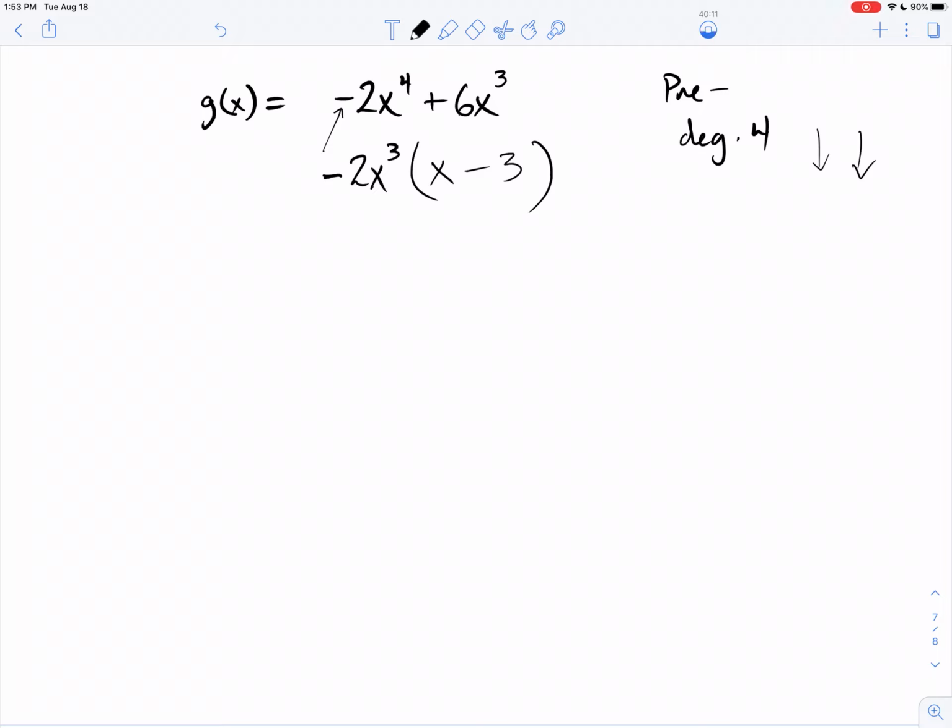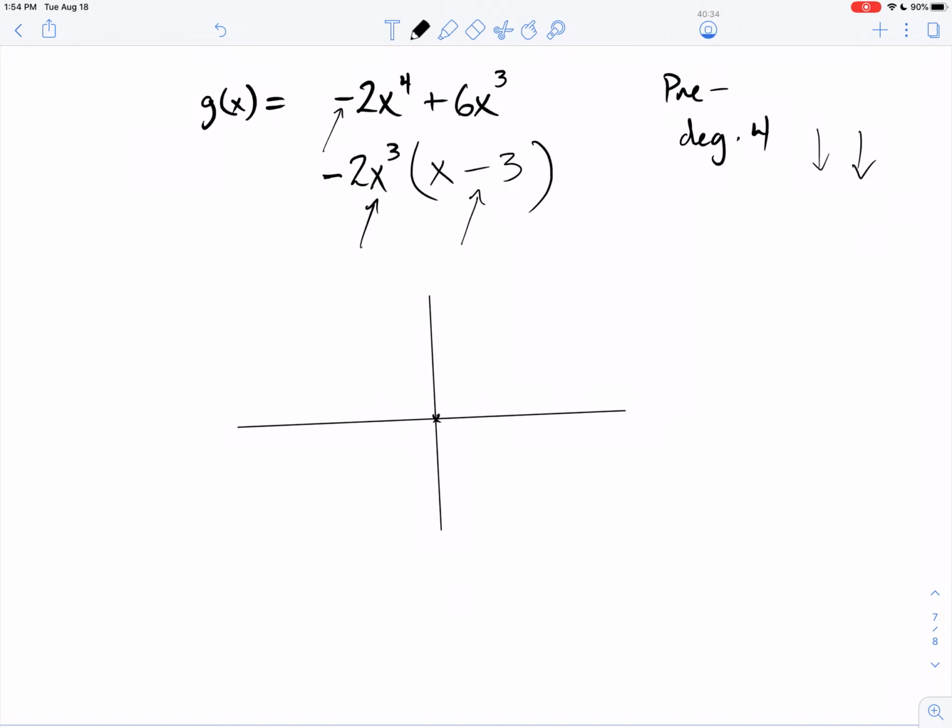Let's see what we get now. I am going to say it is going to twist at the origin. I am going to say that it is going to cross at positive 3 on the x-axis. So here we go. Ready?